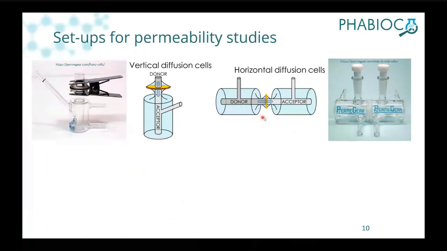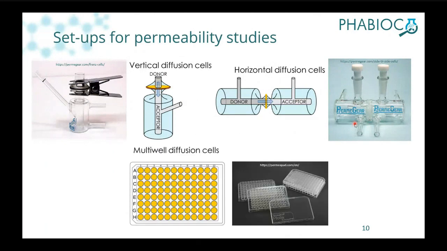We also have horizontal diffusion cells, the side-by-side cells, Ussing chambers, also provided by PermeGear, but also other providers. But these, of course, are not very high throughput because we don't have the possibility to run much more than, for example, 8 to 10 parallels.